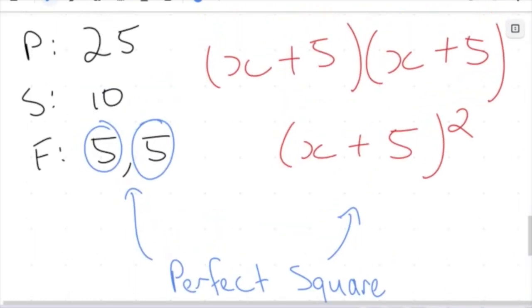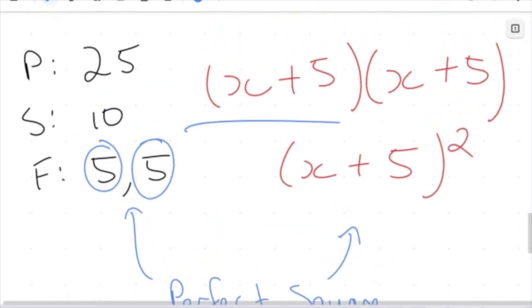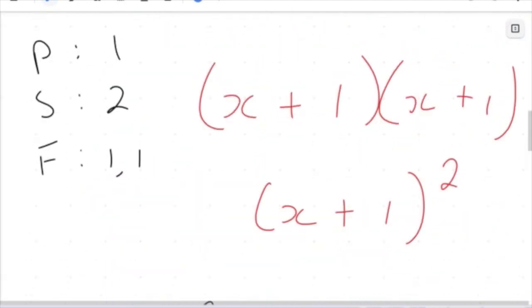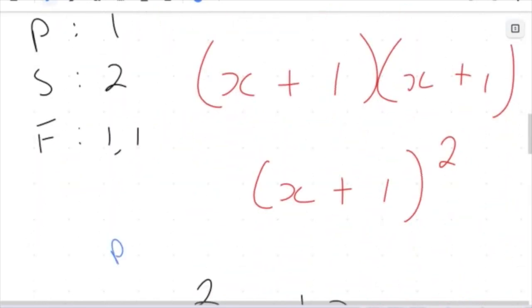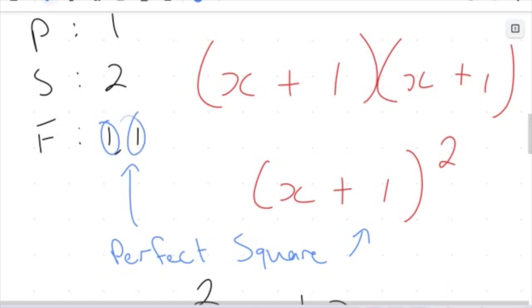So that when we factorize it, it just gives me the same thing multiplied by itself. So here we got a perfect square. Up here, we also got a perfect square. Here. And we saw that by having two equal factors here.